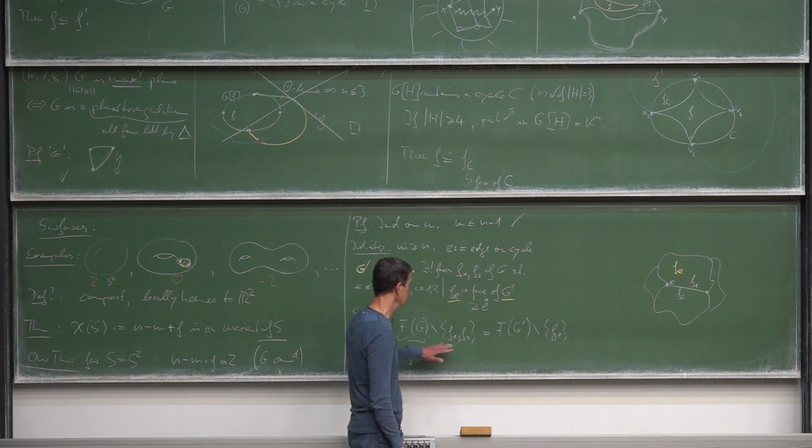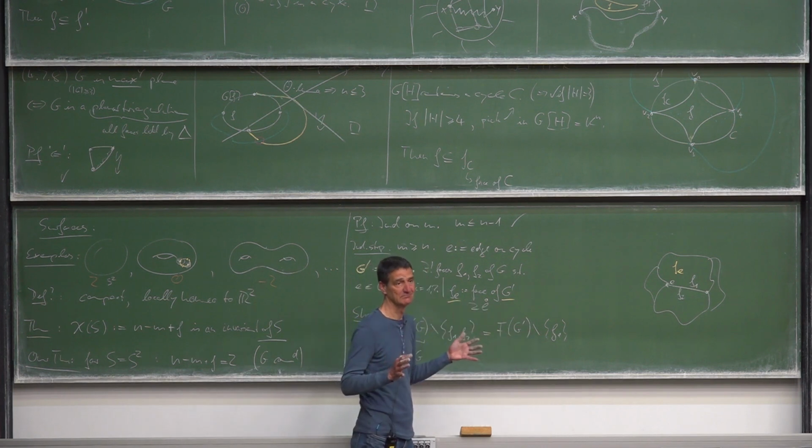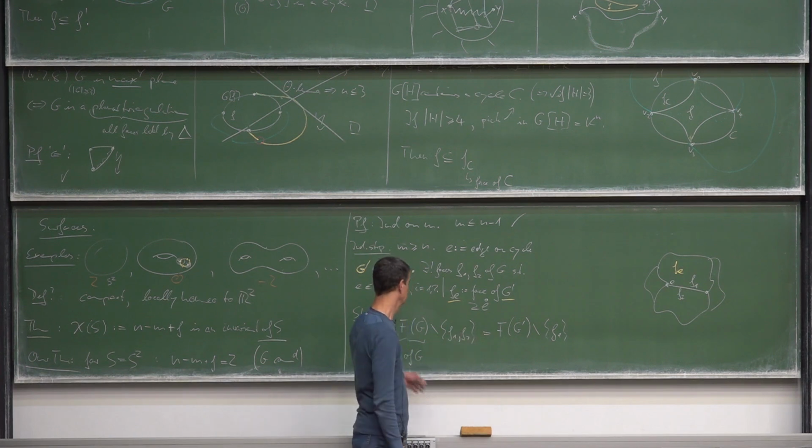Right? So this is an equality of two sets of subsets of the plane. So let's just prove that.